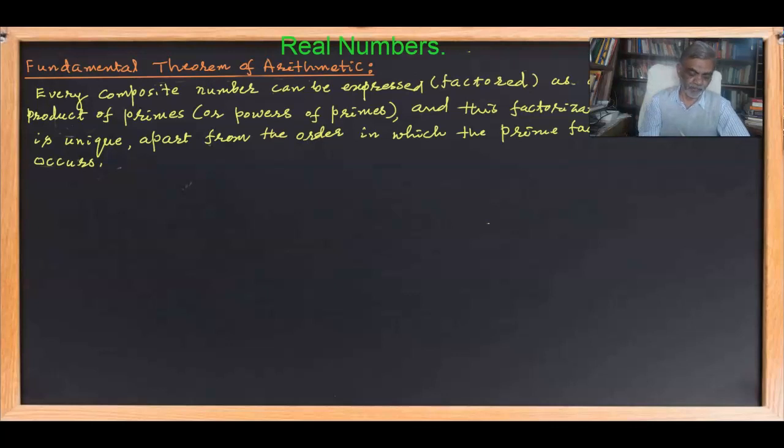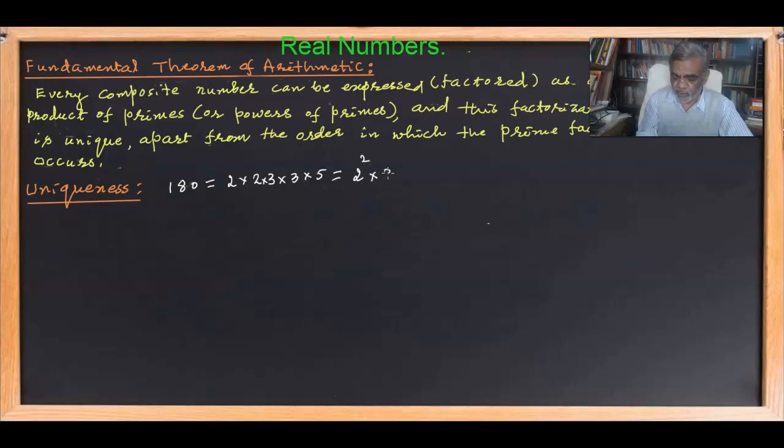That is uniqueness. You can see here, this we have already proved that 180 equals 2 into 2 into 3 into 3 into 5, which you have written as the powers of primes, that is 2 raised to 2 into 3 raised to 2 into 5 raised to 1.